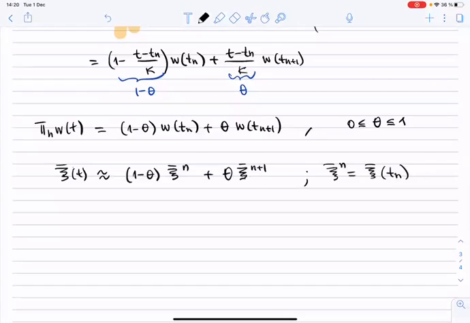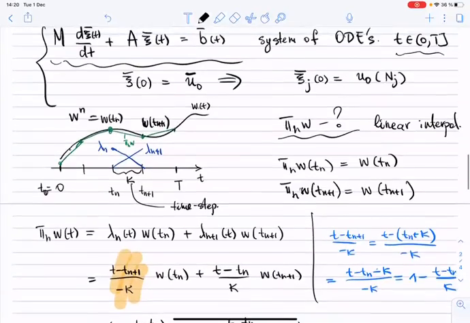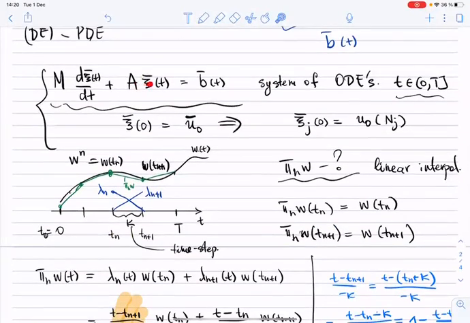Then we come back to the ordinary differential equation where we wrote it here. This psi, we approximated with the theta-related equality. The right-hand side b, we also write in this relation. And the time derivative, we can use different schemes to approximate.